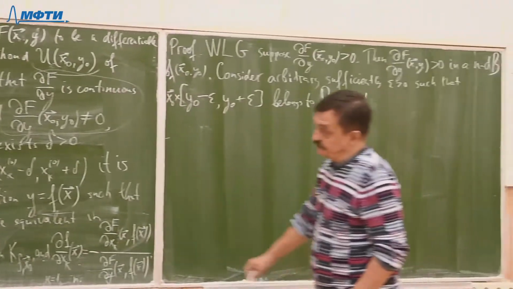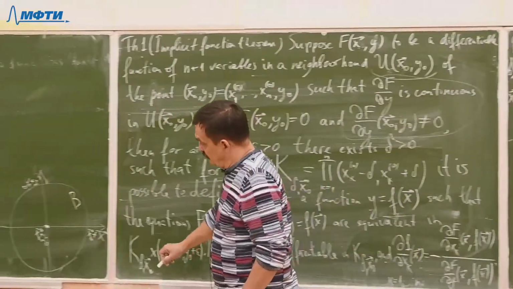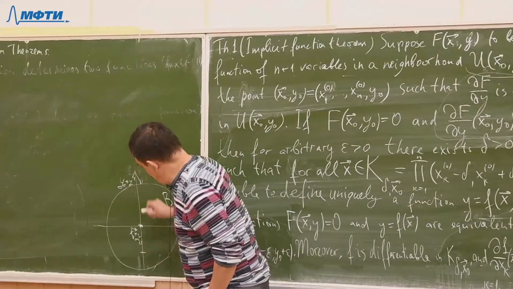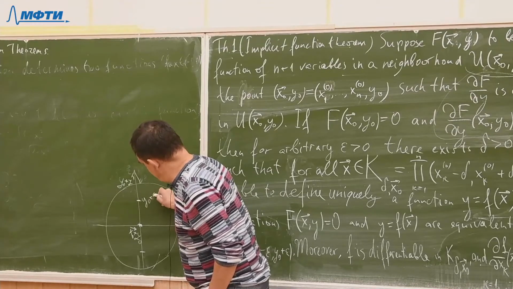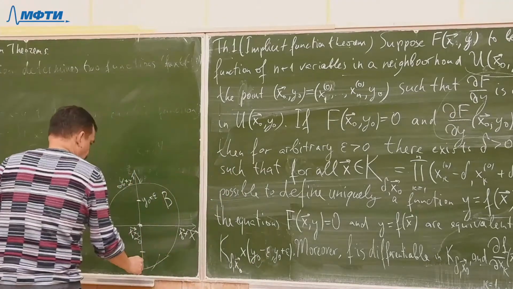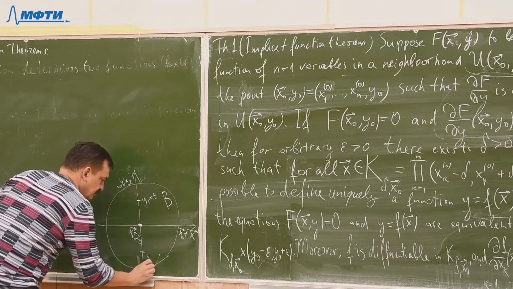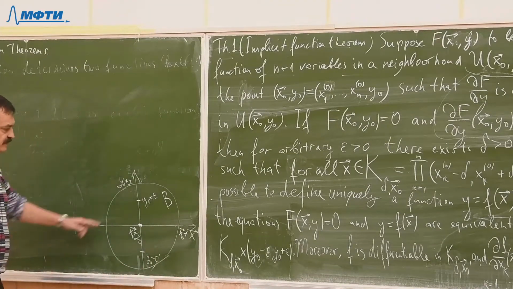So, look, that is our y naught plus epsilon here, right? Y naught minus epsilon. That is what we choose.